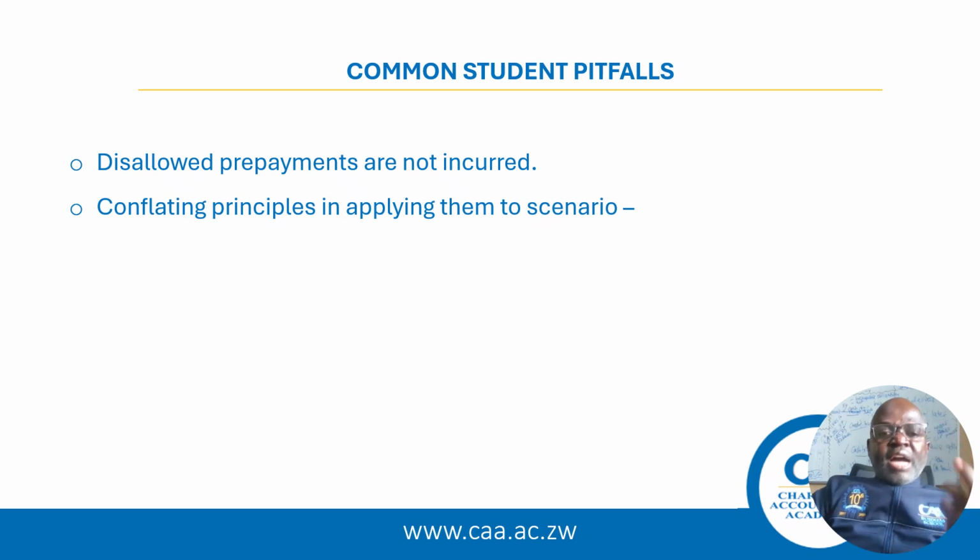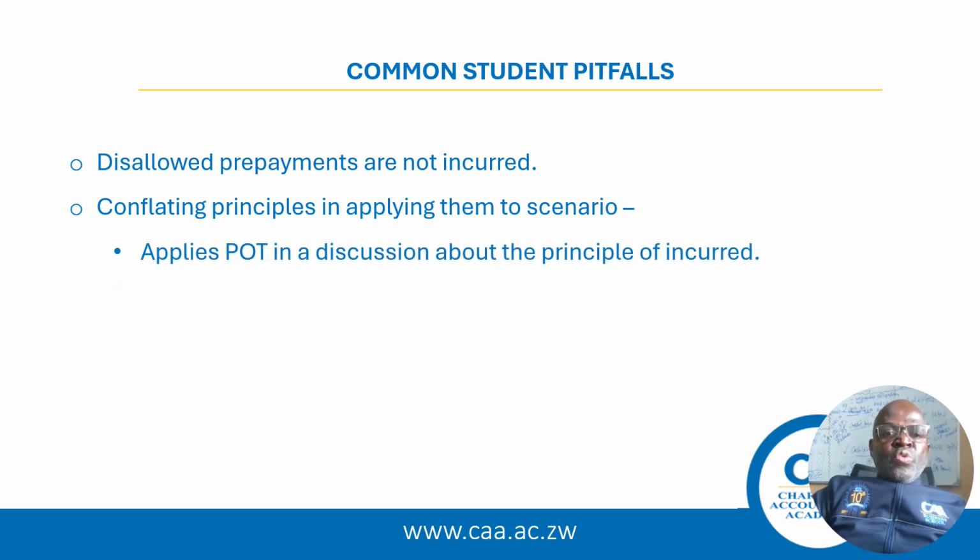So in trying to argue for incurred, you start having candidates discussing purposes of trade in a discussion about incurred. You have say a provision, and then they say, no, this is not for the purposes of trade. Yet what you wanted to actually discuss was, has it been incurred yet?